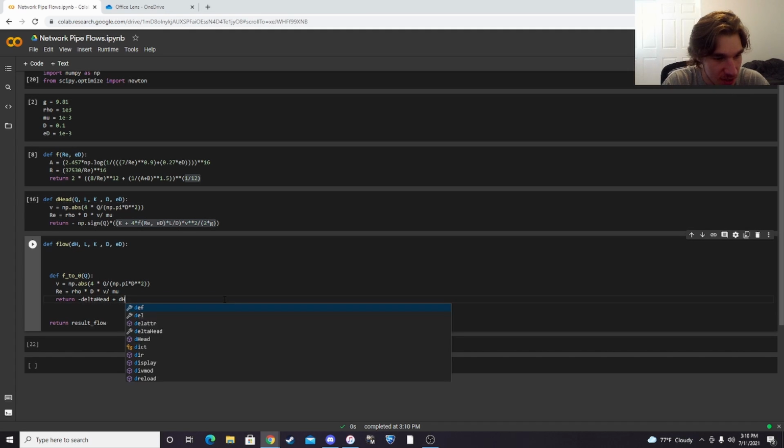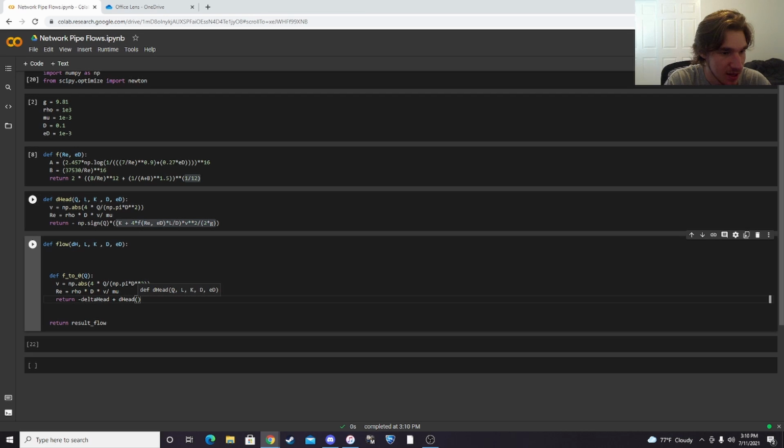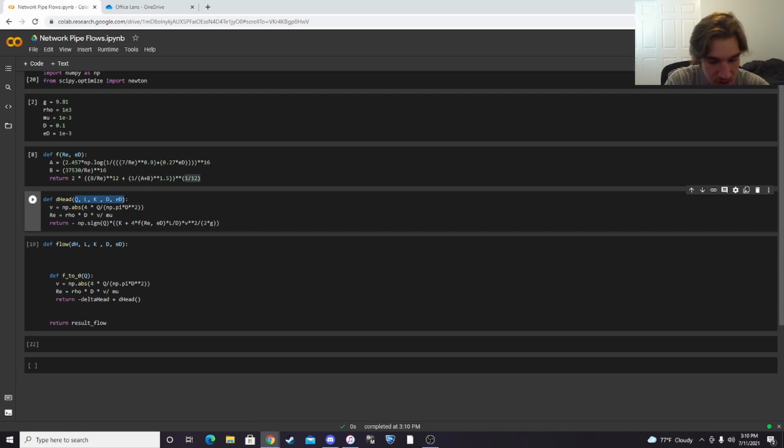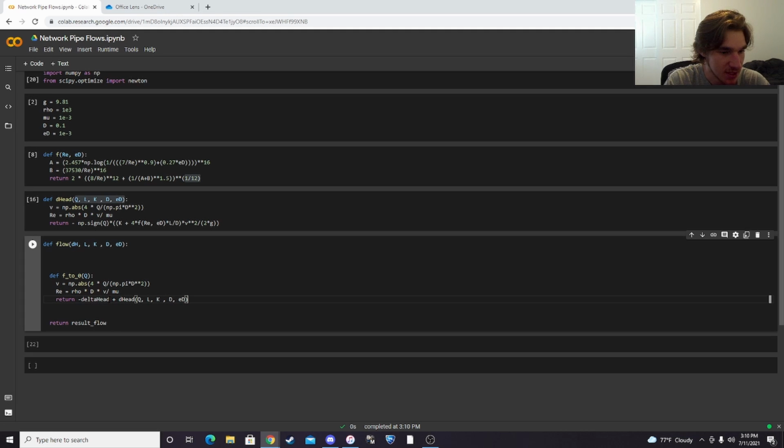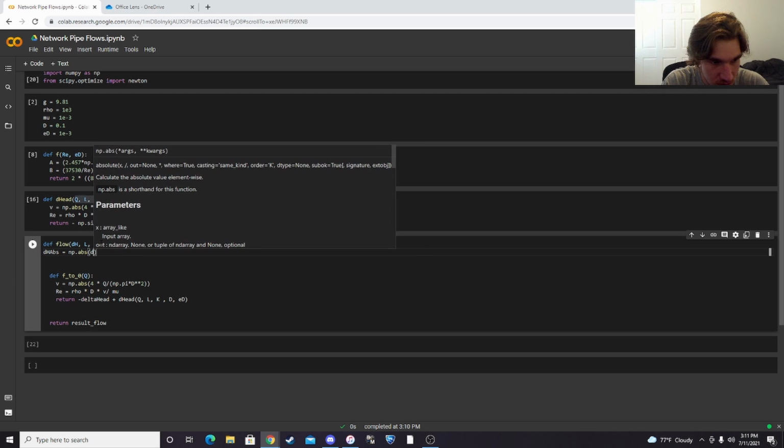So we can go dhead, and then just copy this, paste that right there. And we want an absolute value for this delta head so we don't get anything confused. Dhabs is going to be equal to np dot absolute value of dh.